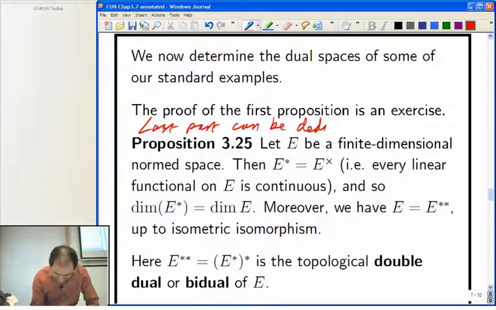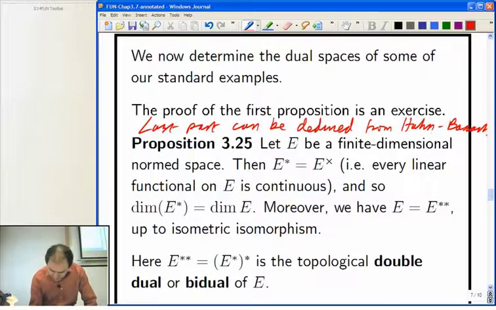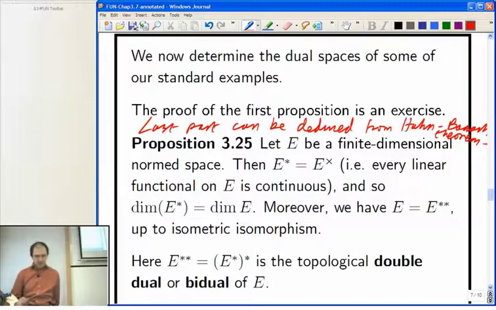Though it's a finite dimensional version of the Hahn-Banach theorem. And Hahn-Banach we're discussing in the next section. So you might want to postpone the very last bit.